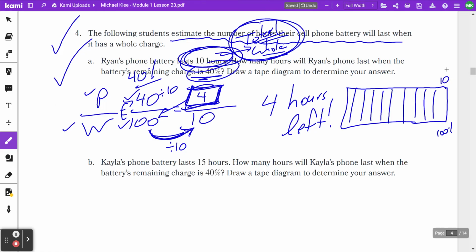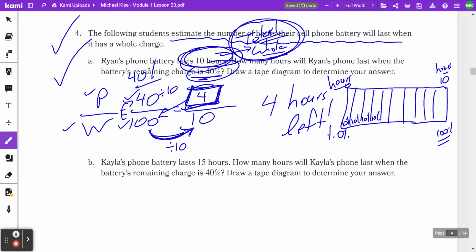So for the hours, maybe a double number line. Hours here is 0, and this is my percent over here. That's 0%. So this is 10 hours here, it's 100%, which means each box is worth 10%.